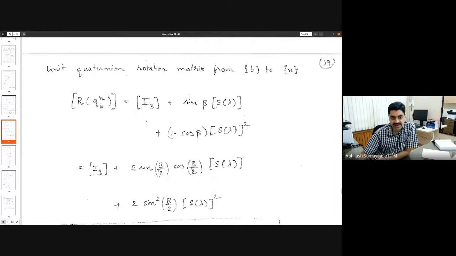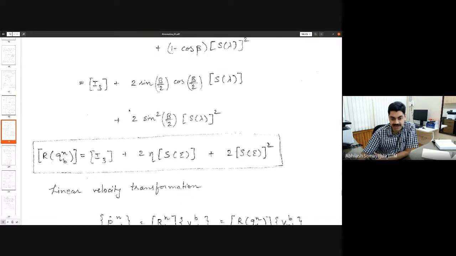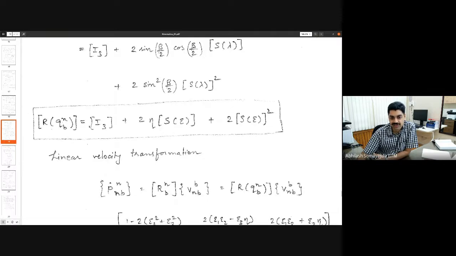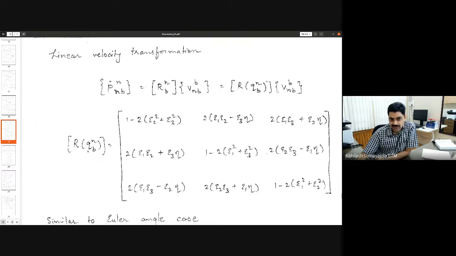Then we tried to understand how we can express the rotation matrix in terms of quaternion parameters, and we saw that we could express that neatly using this axis angle variation. The rotation matrix is now purely parametrized in terms of the quaternion's parameters. This is in contrast to what we saw with the Euler angles.